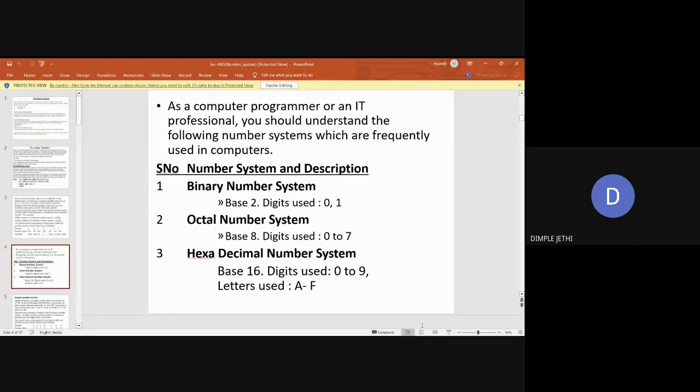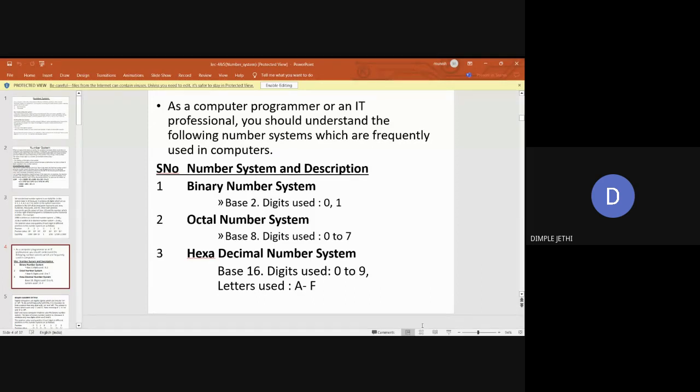In the hexadecimal number system, the base is 16. Which 16 digits are used? If I say 0 to 9, that makes 10 digits. But we don't have more than 10 digits in our number system. In total, we use these 10 digits only, numbers between 0 to 9, to make any big number.